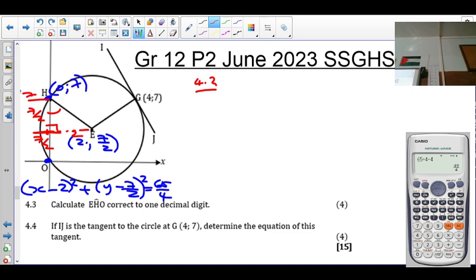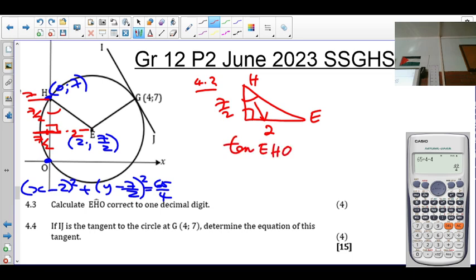So I have a triangle looking like this. That is 2 and 7 over 2, and this is the angle in question. That is E, H, and at the bottom of course is O. So which trigonometric function uses opposite and adjacent? Tan. So I say tan of angle EHO is equal to opposite, which is 2, over adjacent, which is 7 over 2.